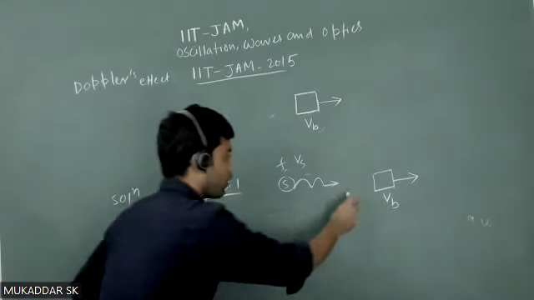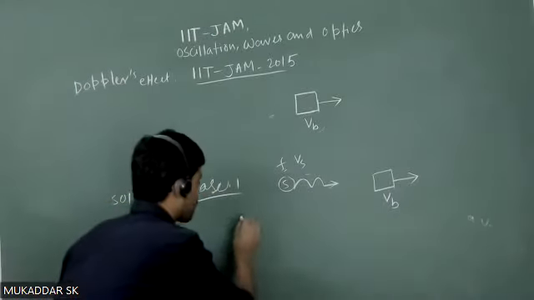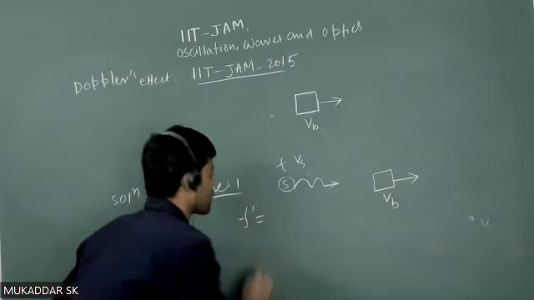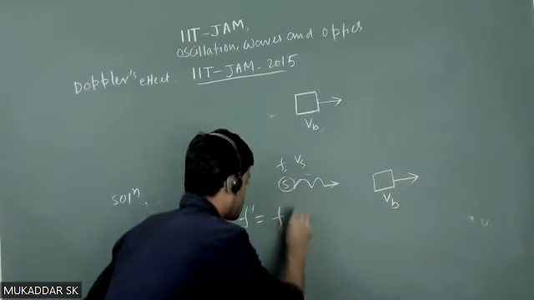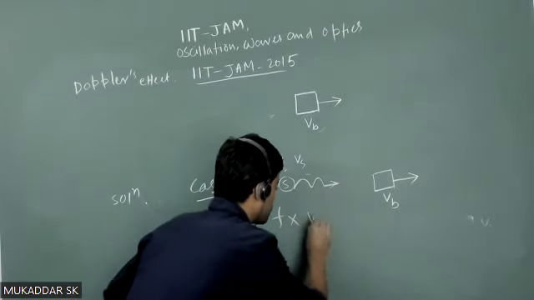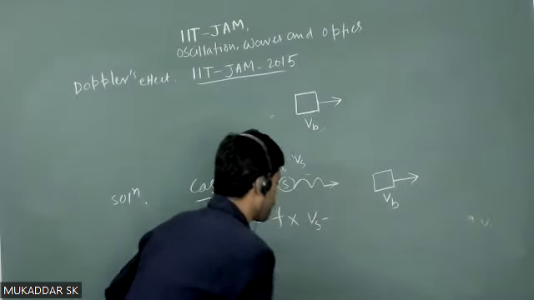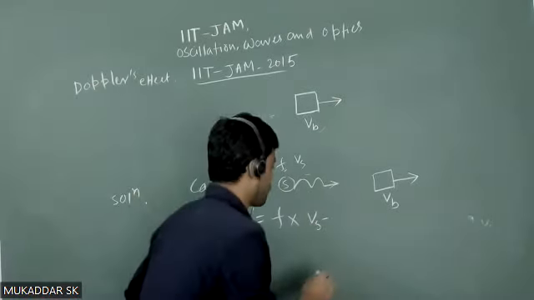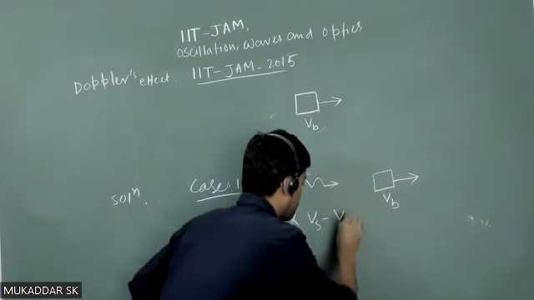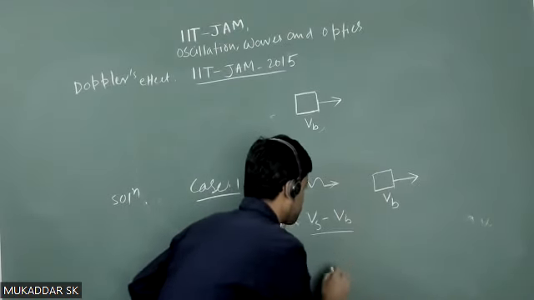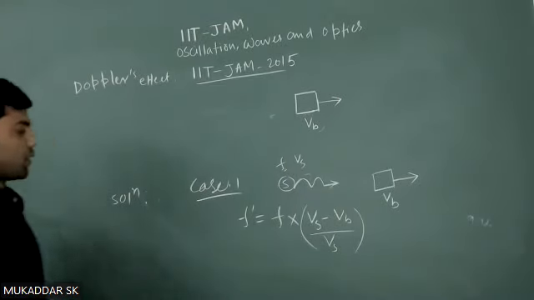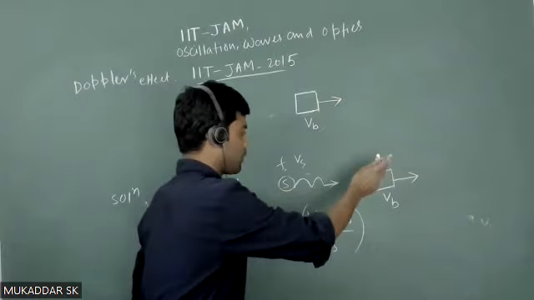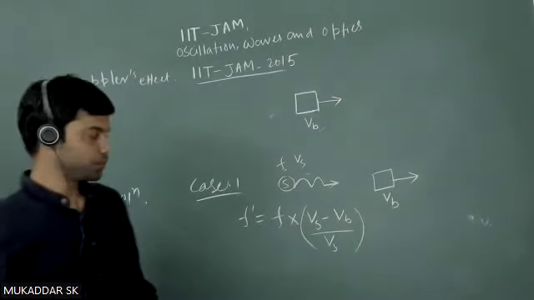So the frequency observed by this blood cell, f dash, will be, since the observer is moving away, the original frequency into the speed of sound in the vessel minus Vb, divided by Vs. This much frequency will be noted by the blood cell.